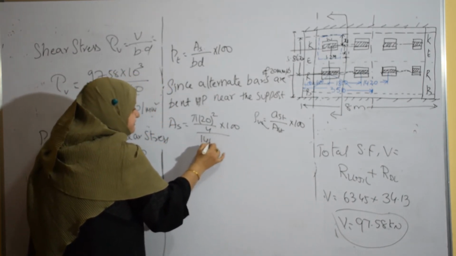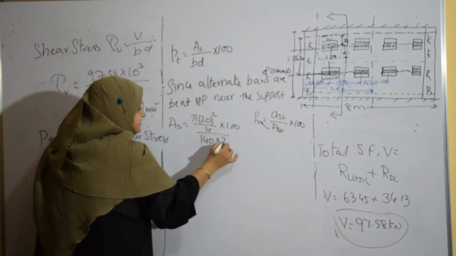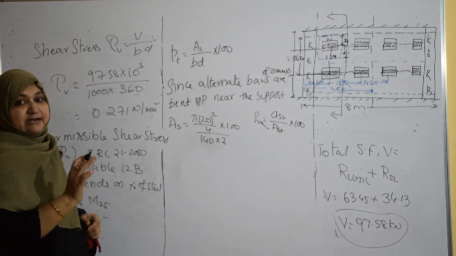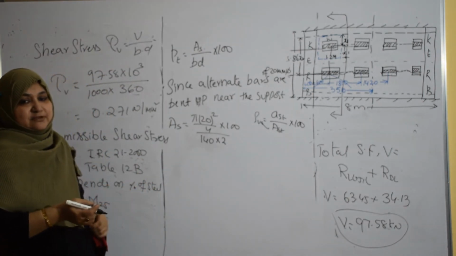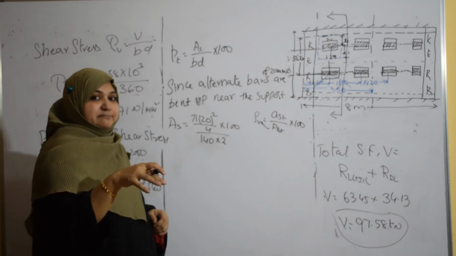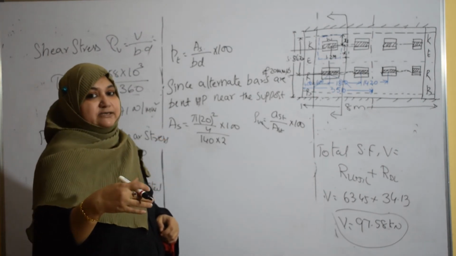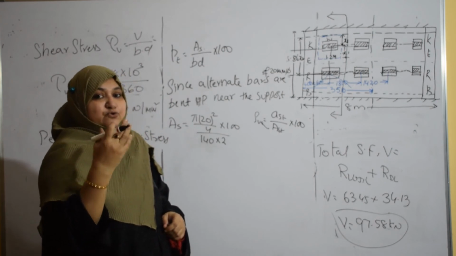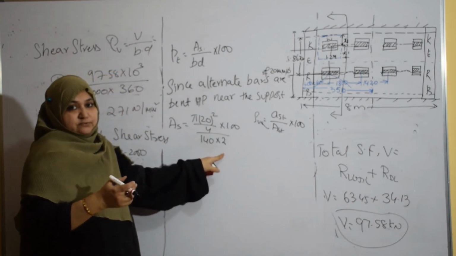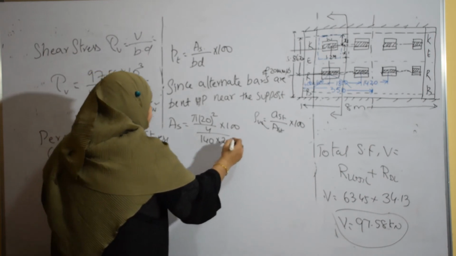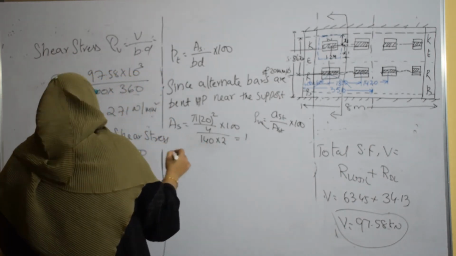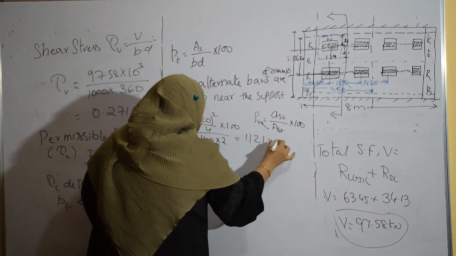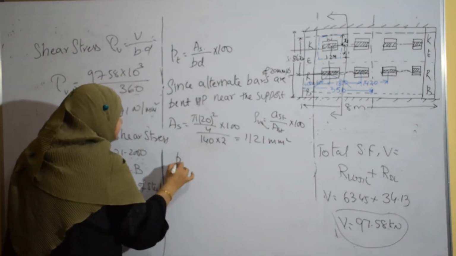S was 140 mm, but because half the bars are there, the spacing of the alternate bar will be 280 mm. If you take the main steel in the mid span, it will be 140 mm center to center. Near the support alternate bars are bent, so the bent up bars are at 140 into 2. So that comes out to be 1121 mm square.